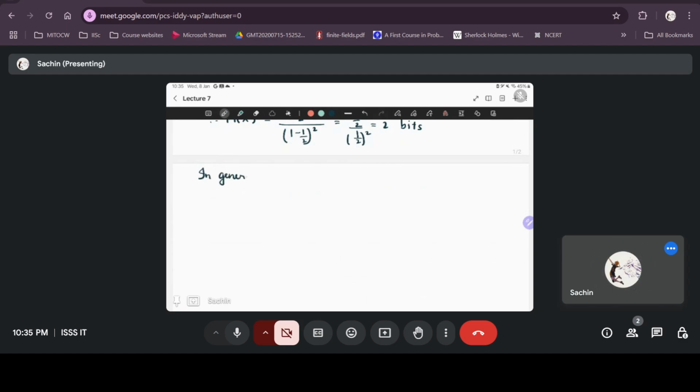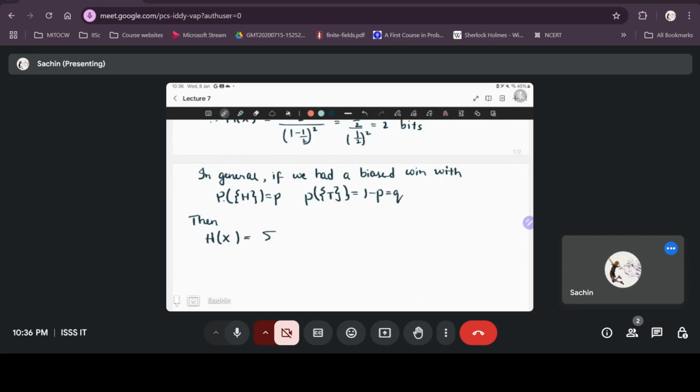In general, instead of a fair coin, if we had a biased coin with the probability of heads being P and probability of tails being 1 minus P, let's call it Q, then H of X is summation over all natural numbers q power n minus 1 p.